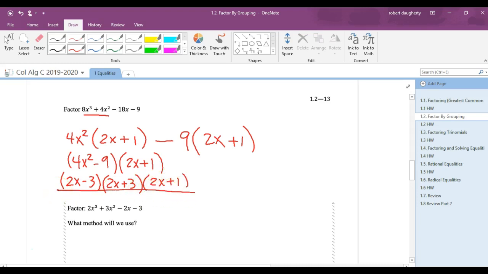That's the complete factorization. So we're going to have about 4 or 5 methods of factoring, and just because one of them works, you've got to keep the rest of them in your head to say, can I go any further? So every time you see something like 4x squared minus 9, when you see two numbers with subtraction, your question always is, is it a perfect square? Then you can go further, okay?